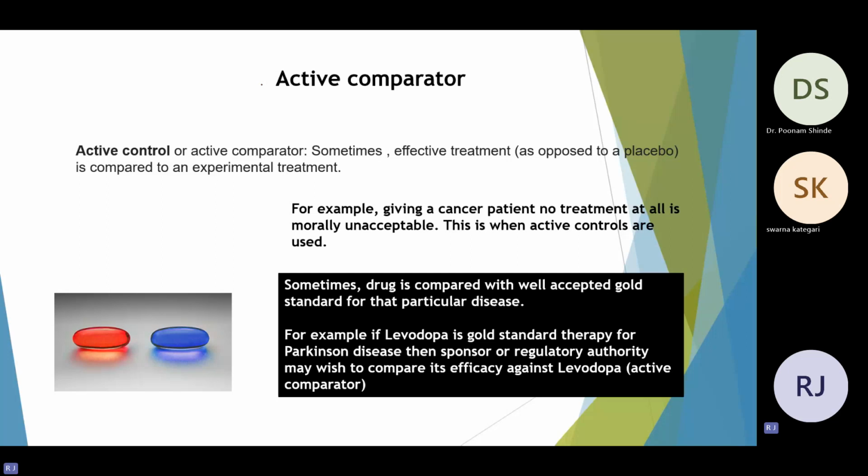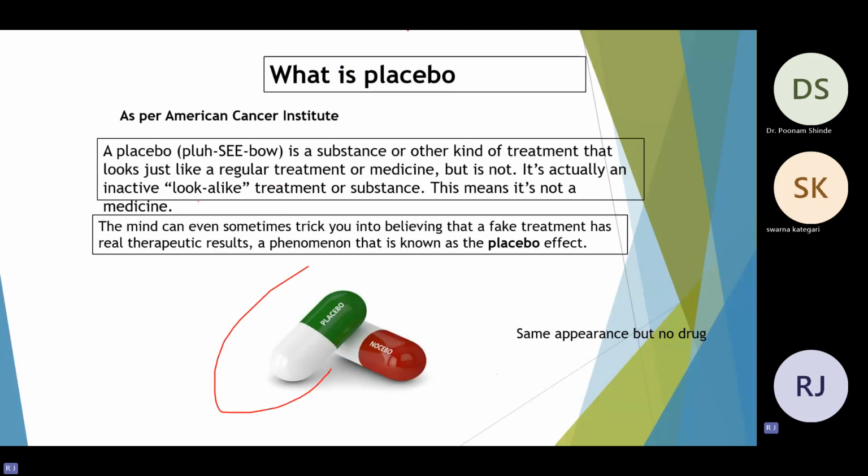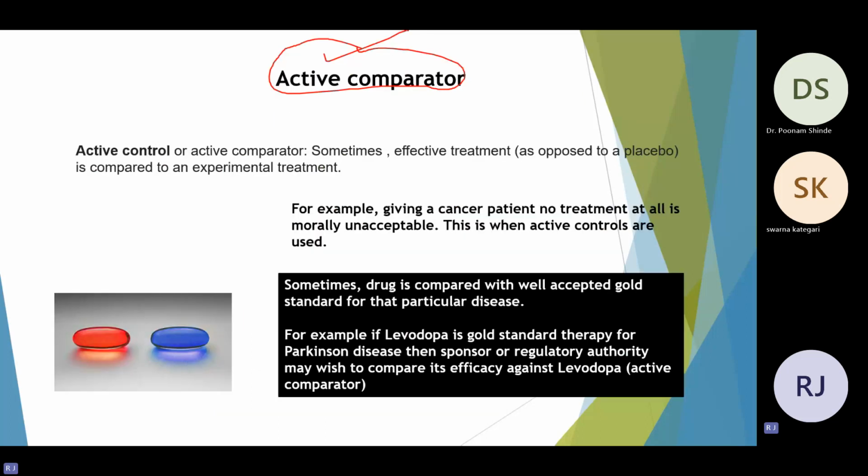So in phase 3 I will try to compare my drug with diclofenac. That standard treatment that we compare against in our clinical trial is called the active comparator. We have placebo, inactive, no effect, then we have active comparator, a standard treatment.